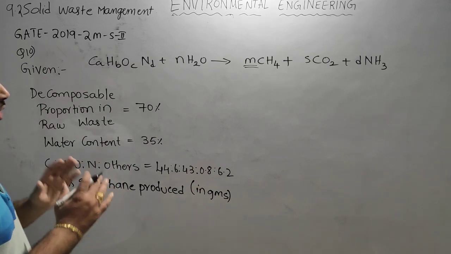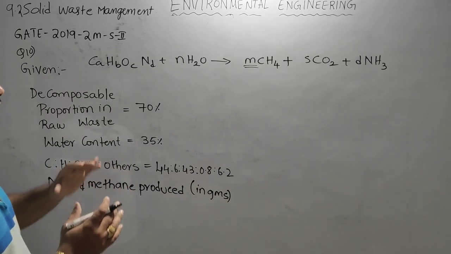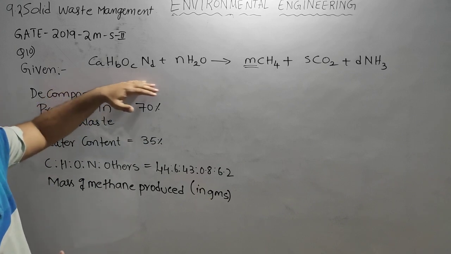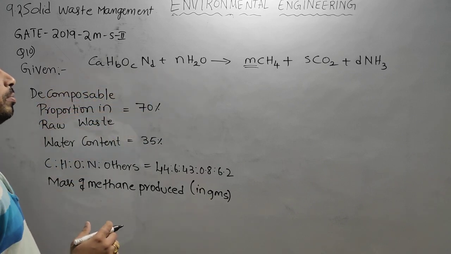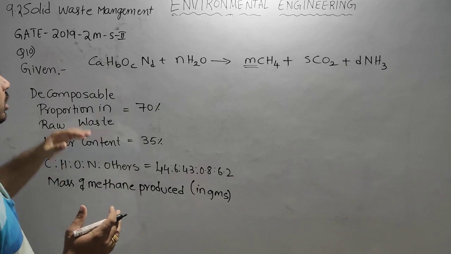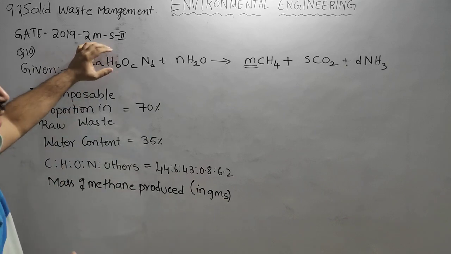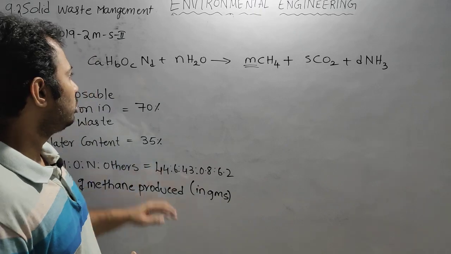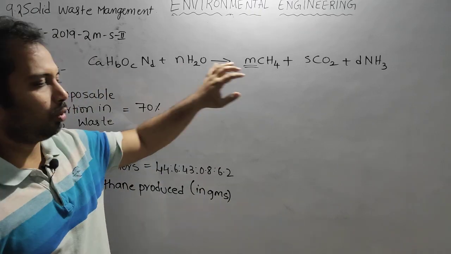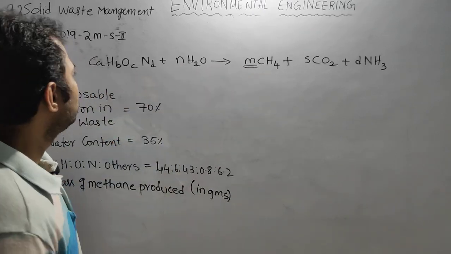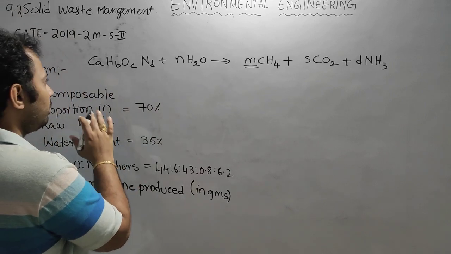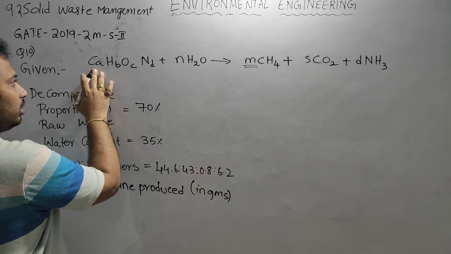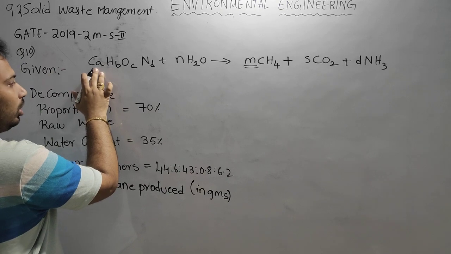Now, let us assume that this is a balanced equation. In a balanced equation, the amount of reactants should be equal to the amount of products. Here we are having how many carbons? a carbons are there.